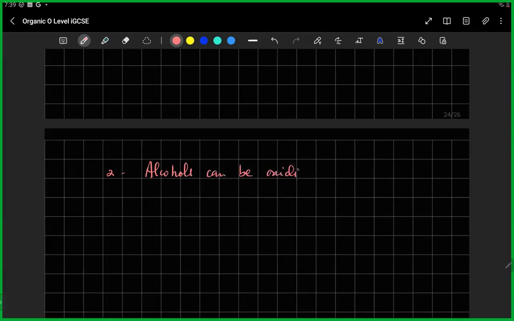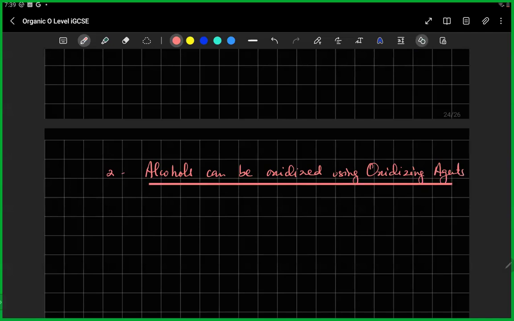One is with air, and the air reaction would be very slow. So oxidizing agents do the job. What are your oxidizing agents?